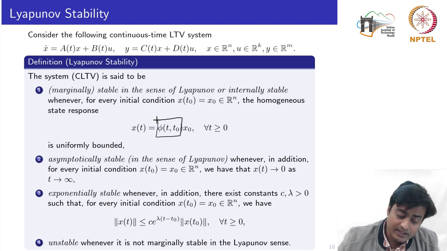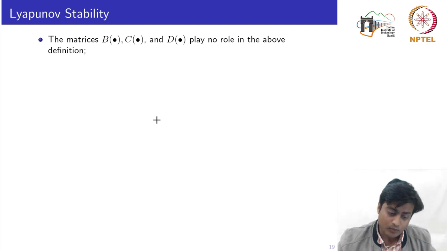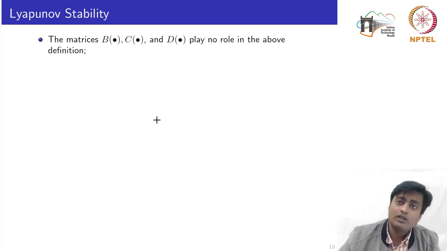Here we will see how, without even computing the solution, we can determine whether the system is stable or not. One important thing to notice is that although we have defined the system in terms of the ABCD matrices, the rest of the matrices except the A matrix played no role in the above definition.